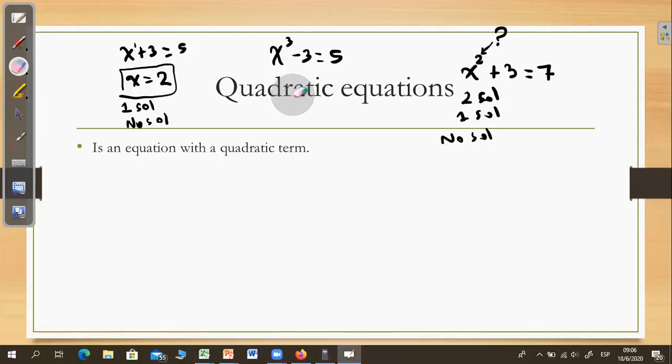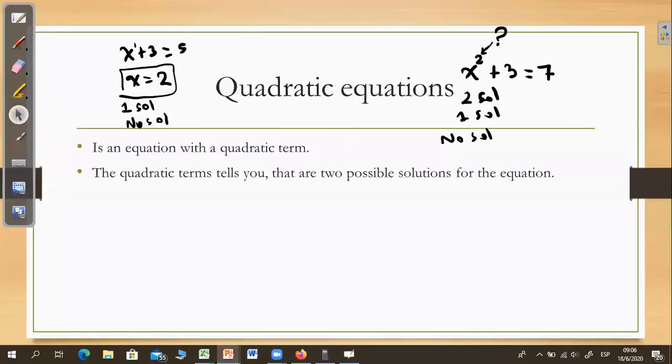It can have two solutions, but it can have, okay, it can have 3, 2, or no solution. So that's what we want, and be careful with this type of expressions. So excellent. The quadratic term tells you how many solutions you're gonna have. In this case, we're gonna look for two possible solutions, or sometimes it's just one, or there is no solution. We will see then the cases where we consider that there's no solution.